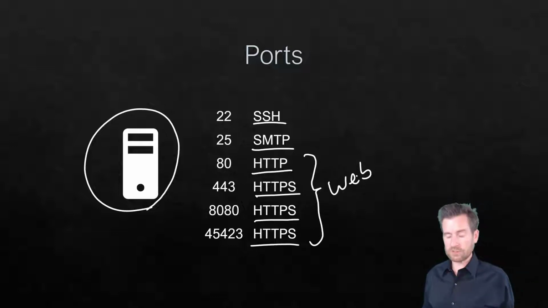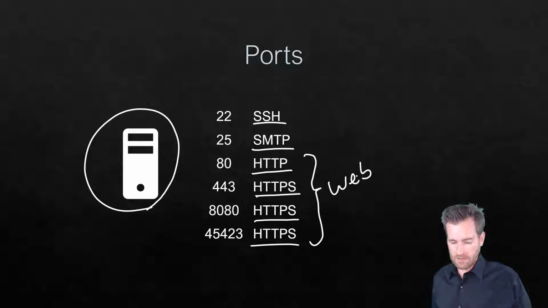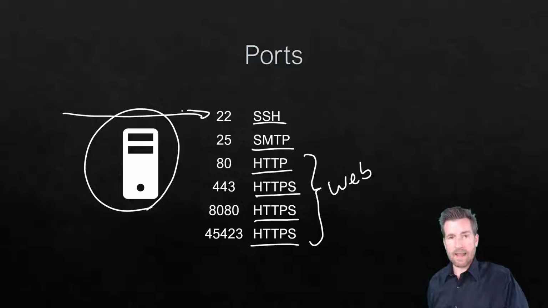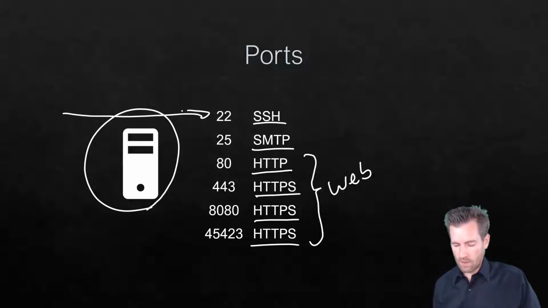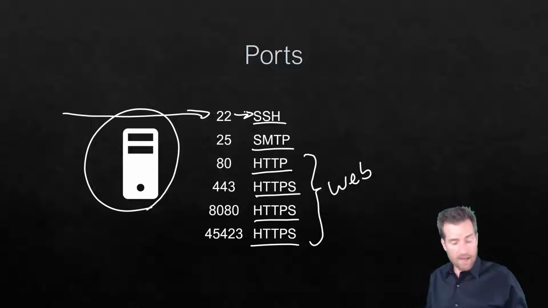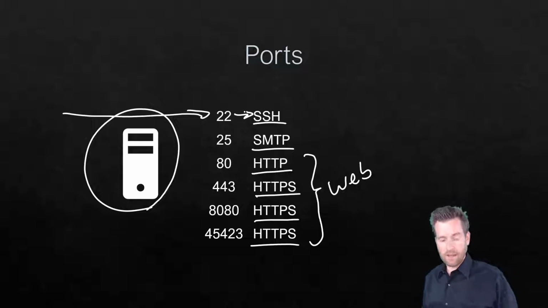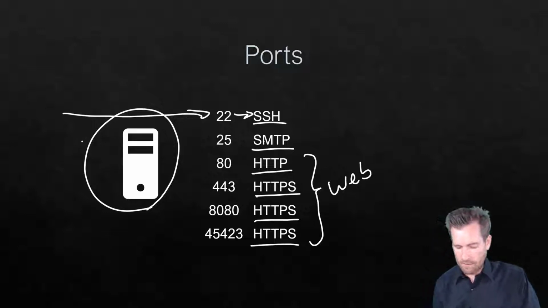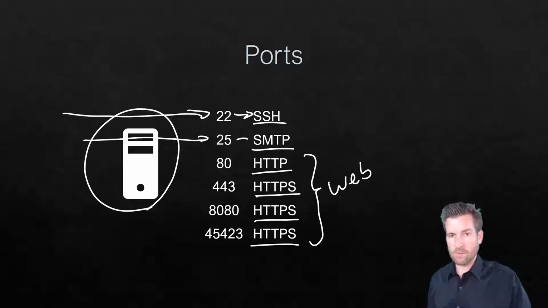So when a connection is established on one of these ports, say a request is coming into port 22, it knows it's trying to access SSH. We could have multiple SSH or SMTP services running on this server as well, but in a lot of cases we usually have just one port associated with each service.